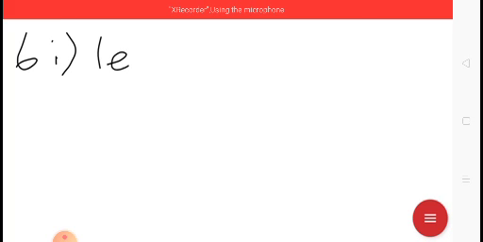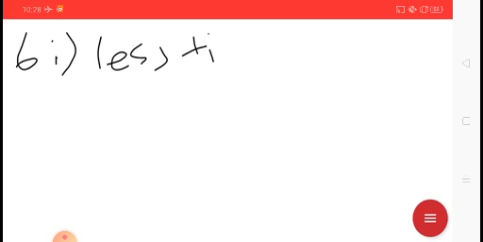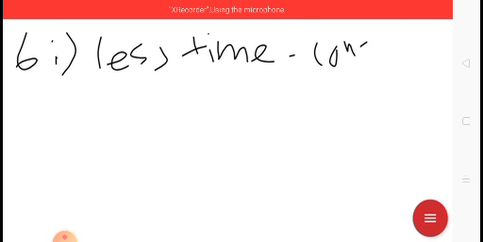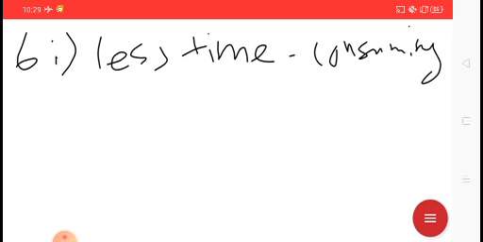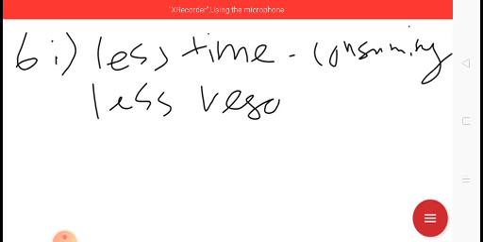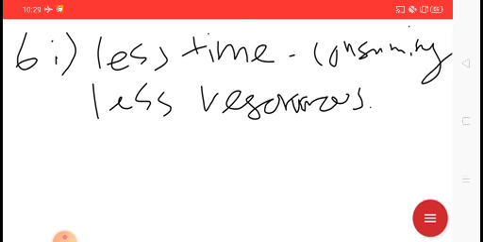Maybe you can say it uses fewer resources. You can give any reasonable answer for using a sample. The general ones are these two.